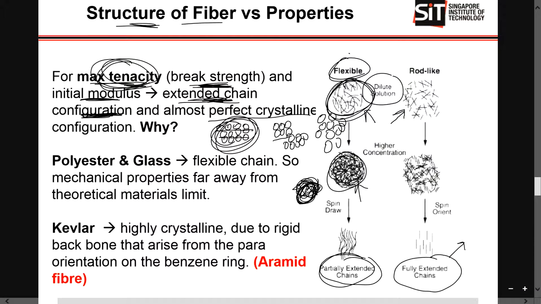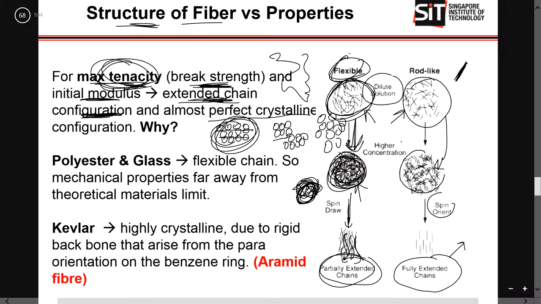If you put a little bit of the fibers in this way, it's rod-like. Rod-like is very stiff. If you have a flexible one and you put in more, it becomes like that. If you put in more, it becomes spin drawn. But anyway, if you put in more rod-like, it will become this form, spin oriented, or whatever.